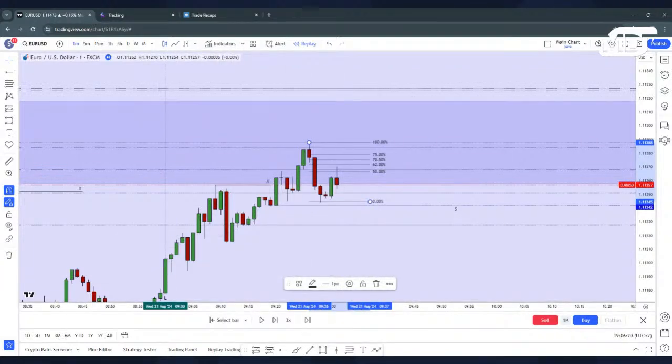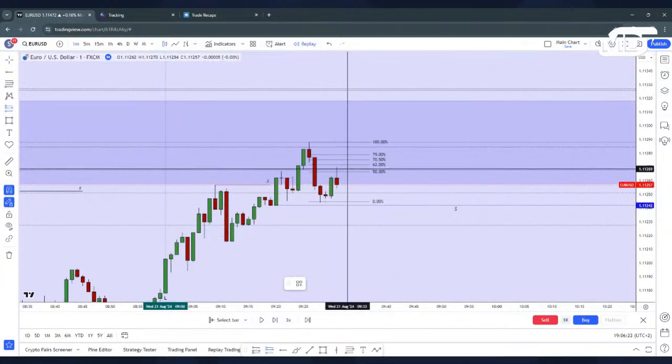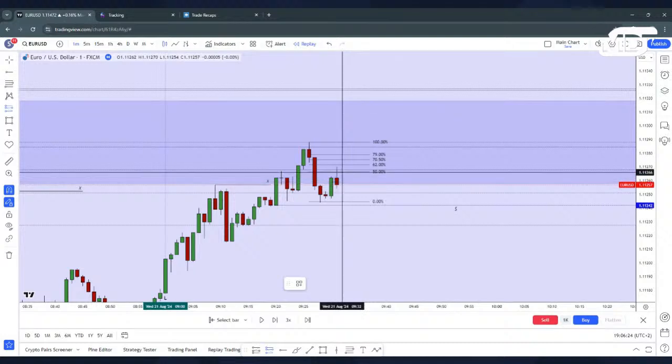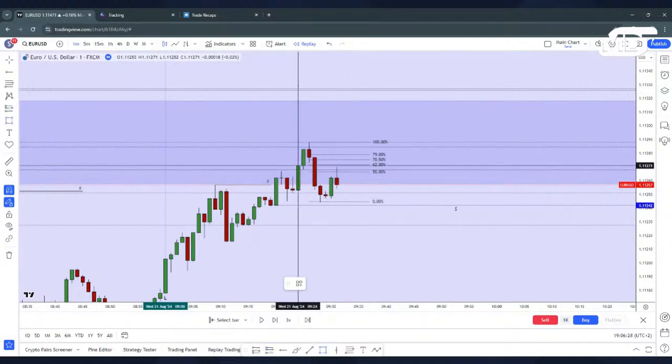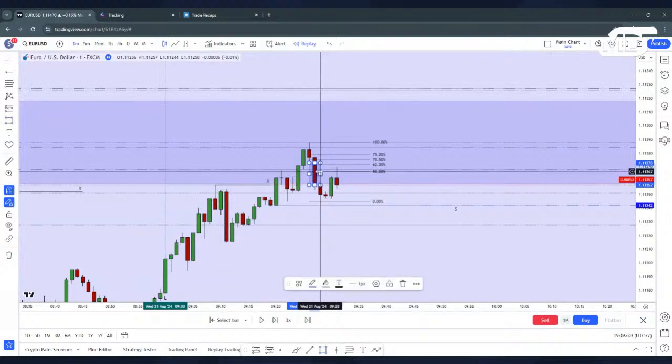And look, even if it wasn't exactly to the pip, I waited for this 1-minute to close after mitigating this fair value gap. Actually, there's three things that kind of got mitigated here.